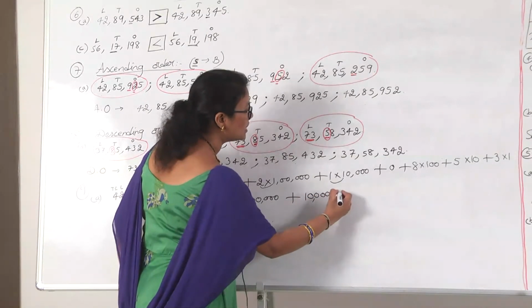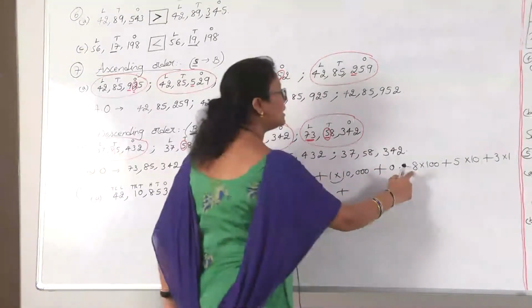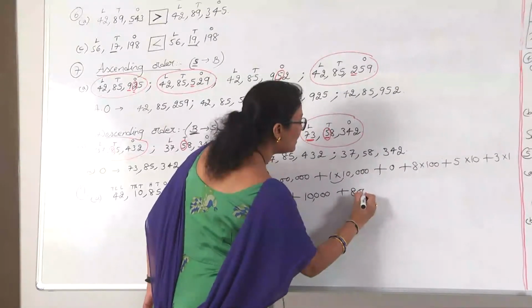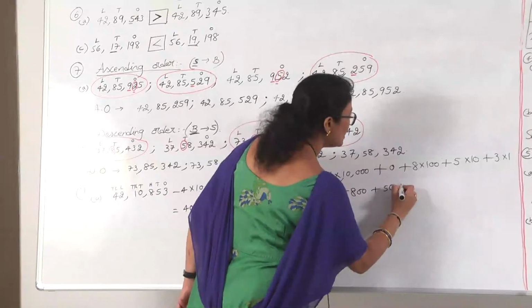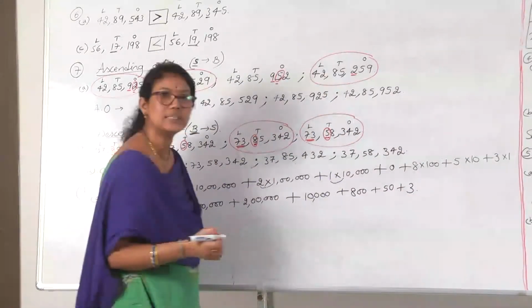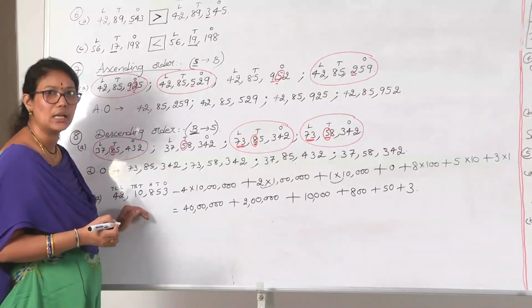So it becomes 10,000, plus 0 we need not write. Then 8 into 100 is 800 plus 5 into 10 is 50 plus 3 into 1 is 3. So this is the way we write the expanded form of the given number.